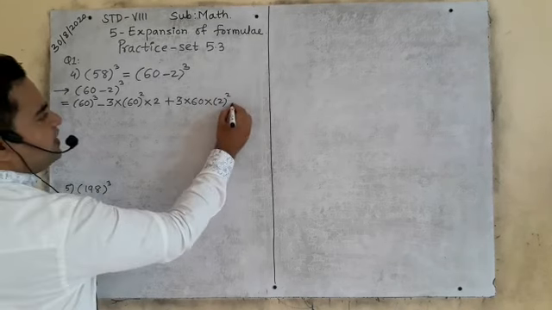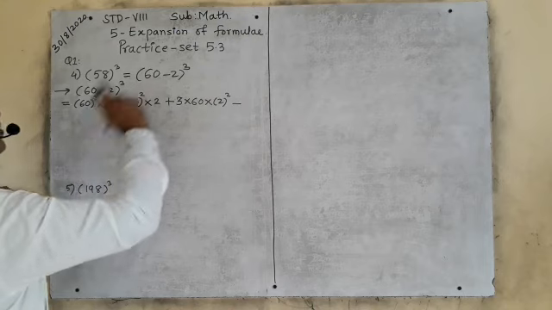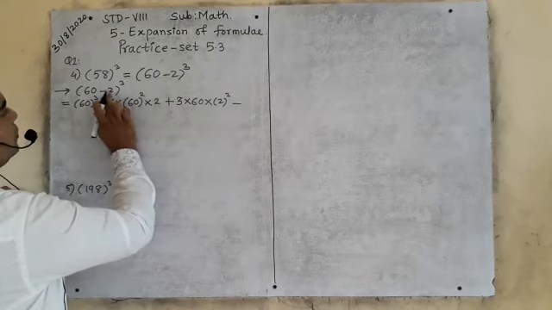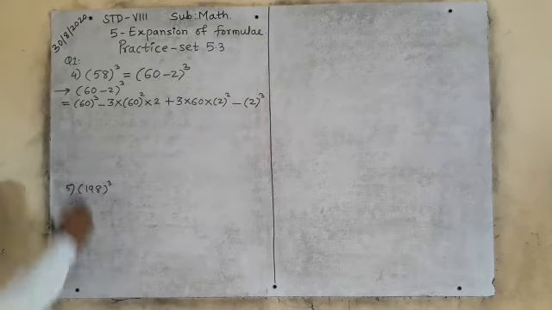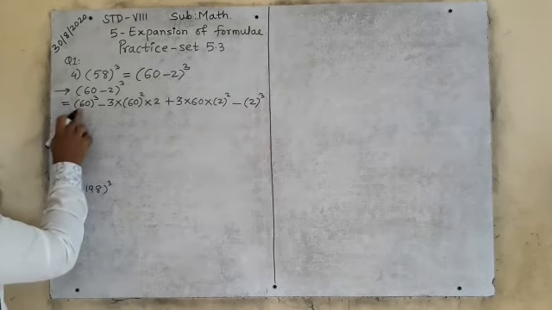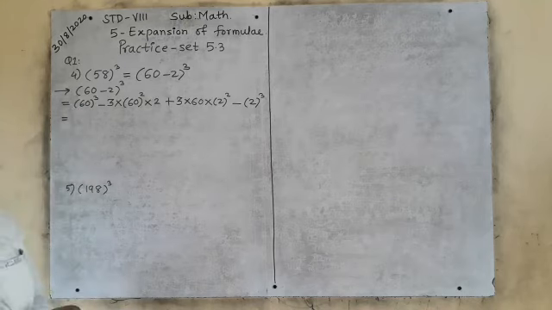Okay, then we will write here minus. In the beginning it will be minus, and at the end also it will be minus. What is the second term here? 2 cube. Easy. Now you will solve here. Don't worry, don't think about 60, think about 6. 6 cube is how much? What is the cube of 6?